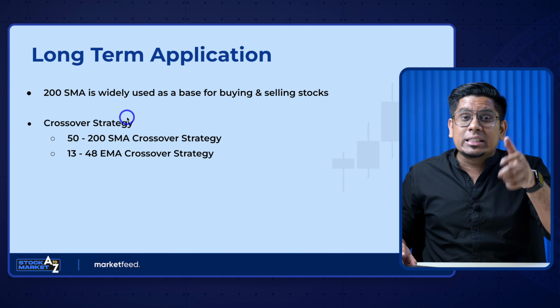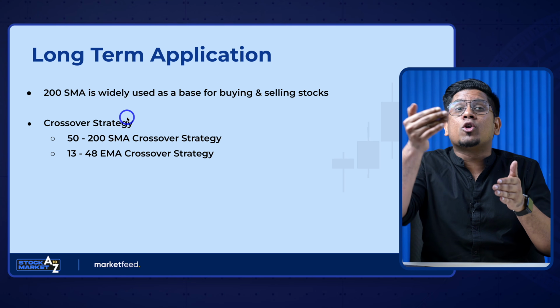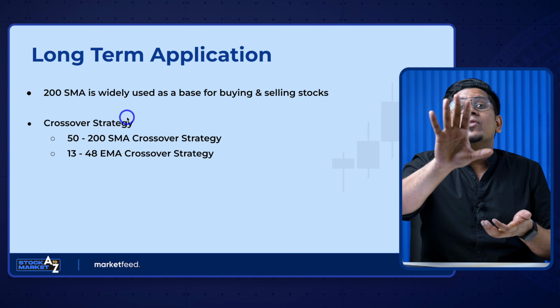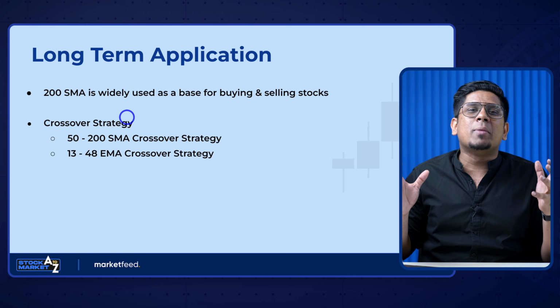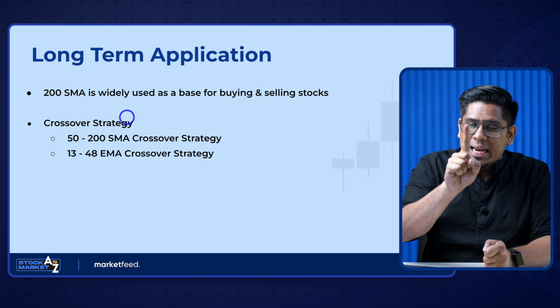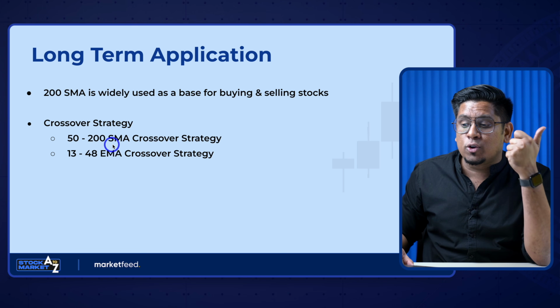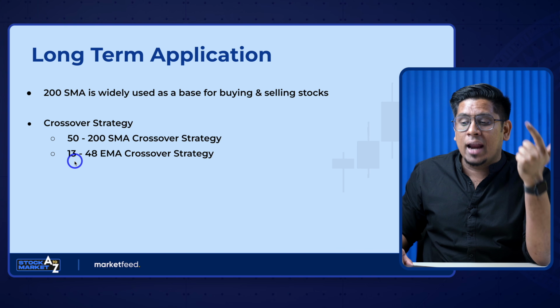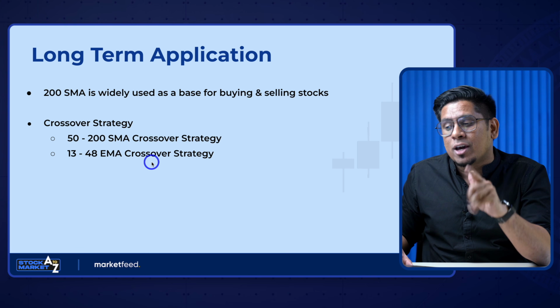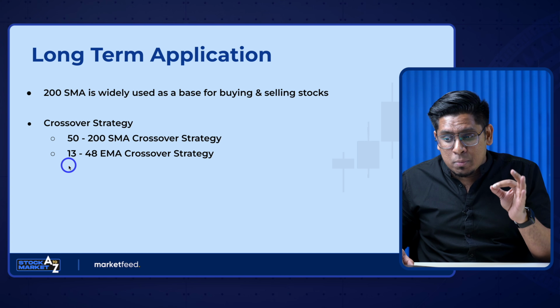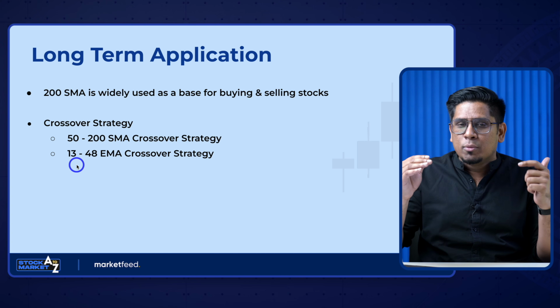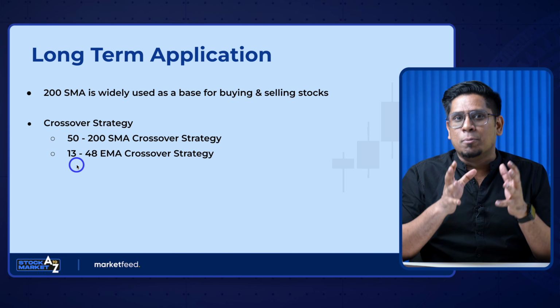Just like we saw the 5-20 EMA crossover during intraday with a 5-minute candlestick time frame for intraday trading application, for a long-term application, by applying daily candlesticks, you can look into the 50-200 SMA crossover strategy and the 13-48 EMA crossover strategy also. If the smaller moving average is crossing over the larger moving average towards the upper direction, it is a bullish indication.